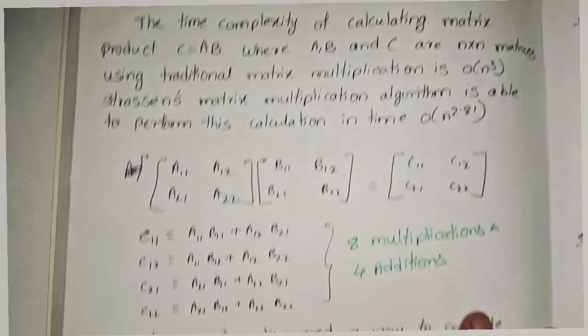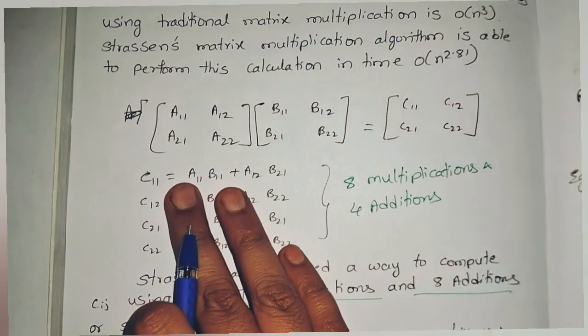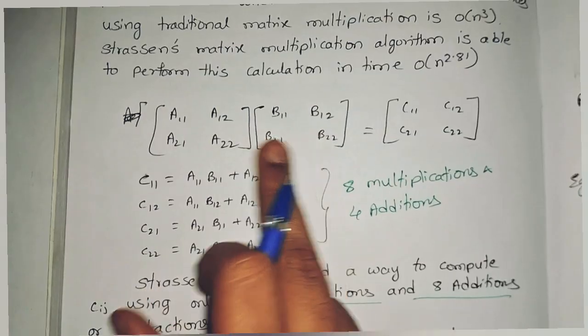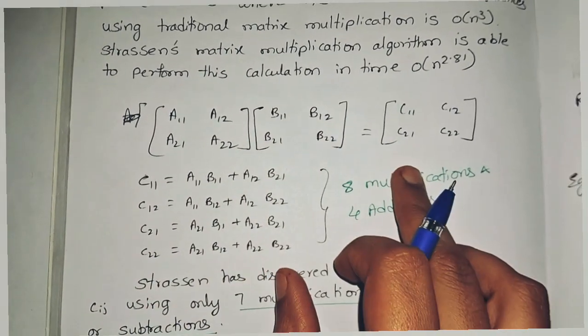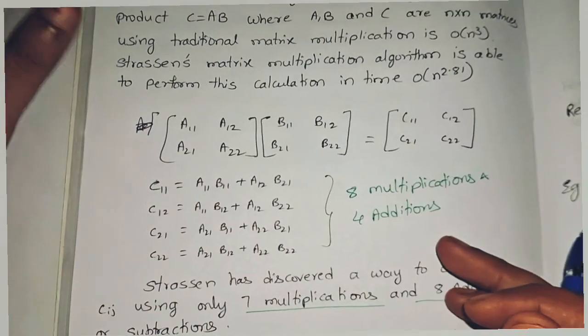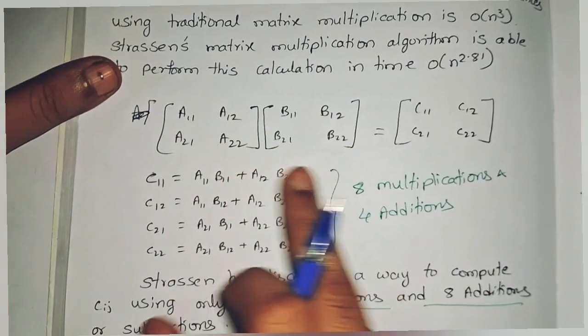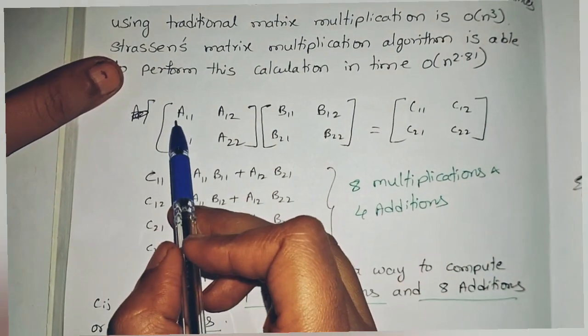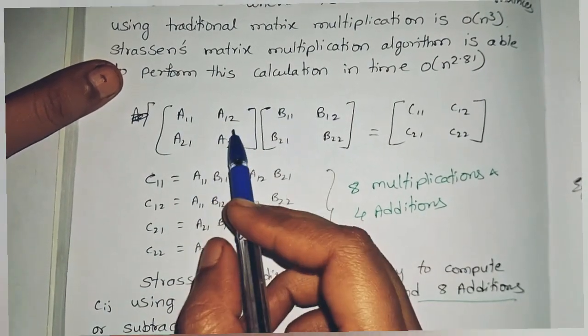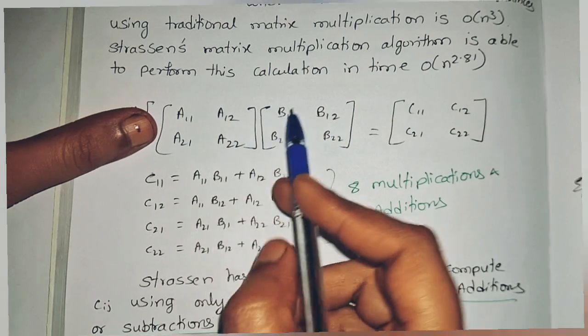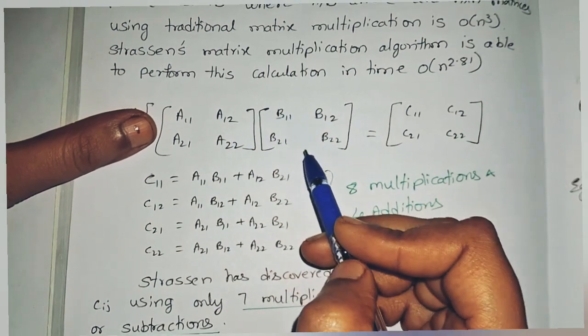Suppose here we are considering the traditional matrix multiplication of A and B. We are performing the product of these two matrices. So how do we perform the product of these two matrices? By considering A11, A12 horizontally and vertically we will consider the elements. So A11, A12, B11 and B21.